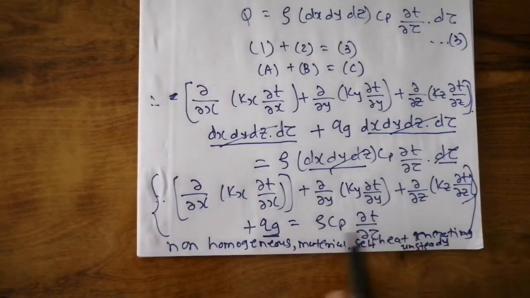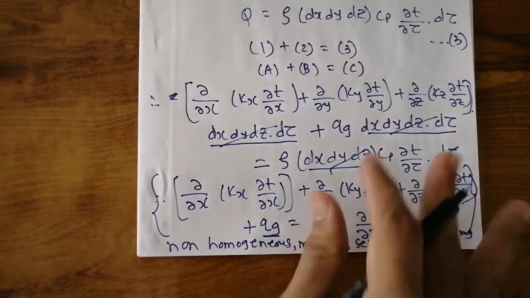This equation is called the general heat conduction equation for non-homogeneous material, self heat generating, unsteady three-dimensional heat flow. Over.